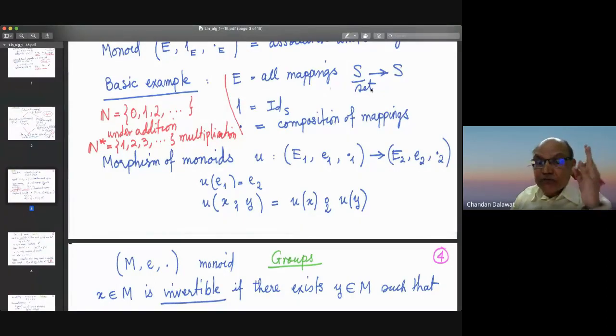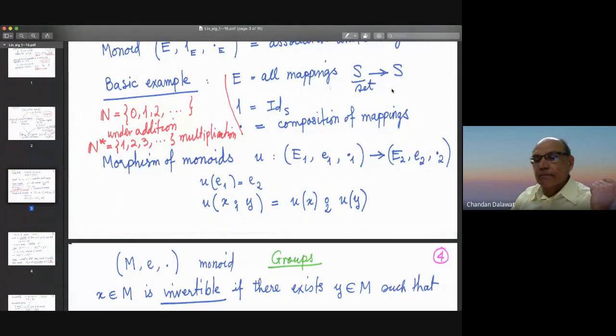They are called permutations of S. So if your mapping fails to be injective or fails to be surjective, then it's not invertible. It has to be both injective and surjective for it to be invertible in this monoid of all mappings from S to S.